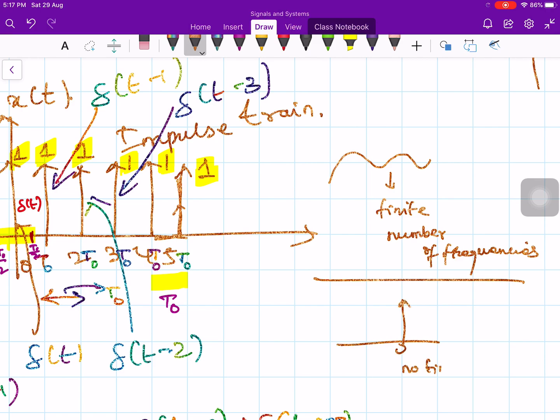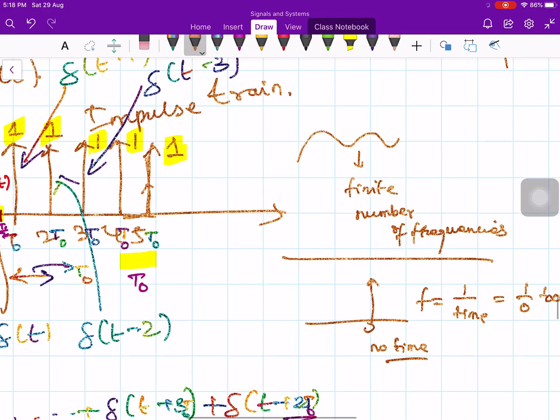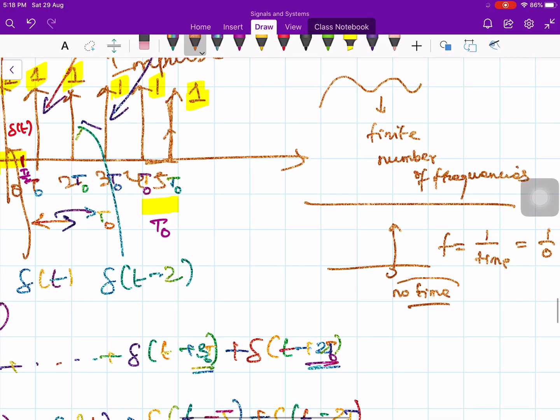We know the frequency is equal to 1 over time. Now what is the time here? Time is 0, 1 over 0 means infinity, therefore its frequency is infinity. It has a contribution from 0 to infinity, in all frequencies. That's what the physical meaning is.